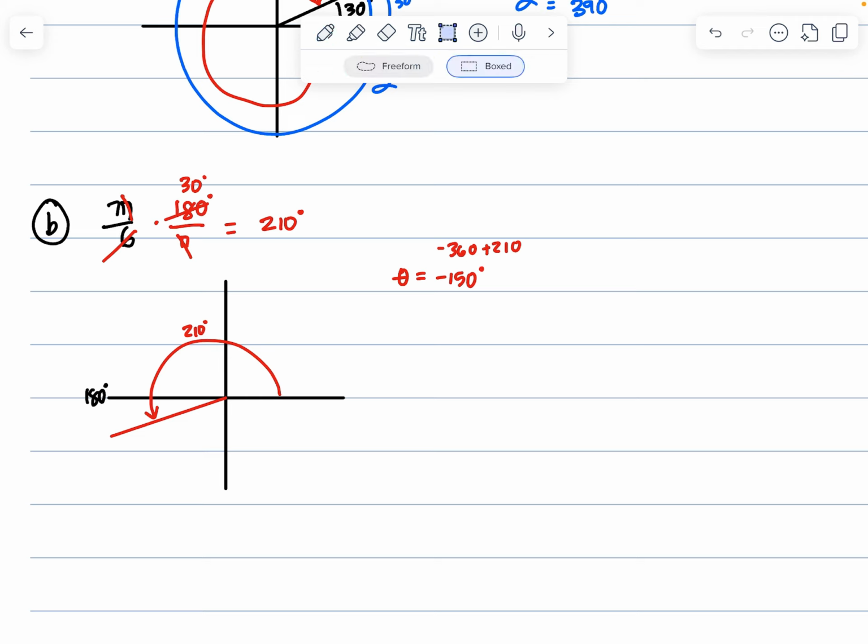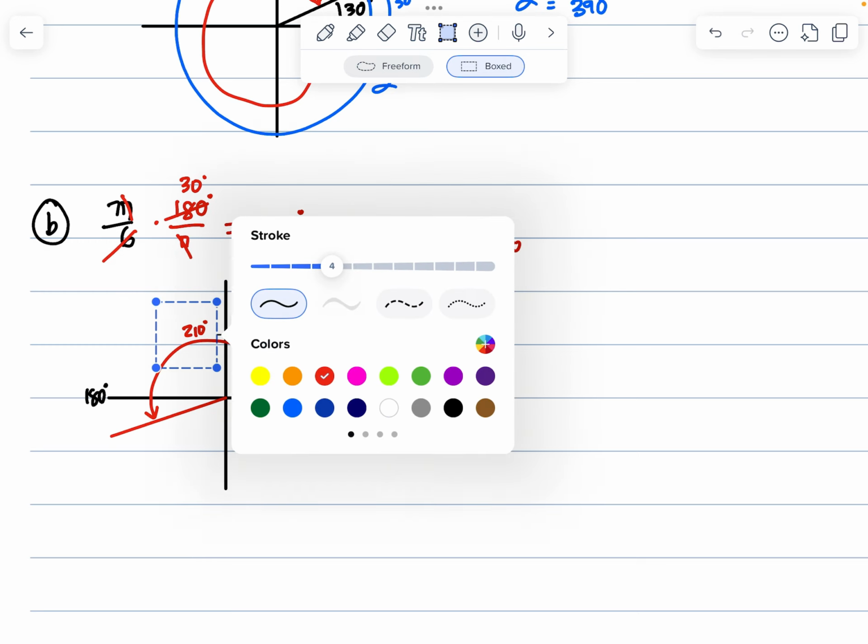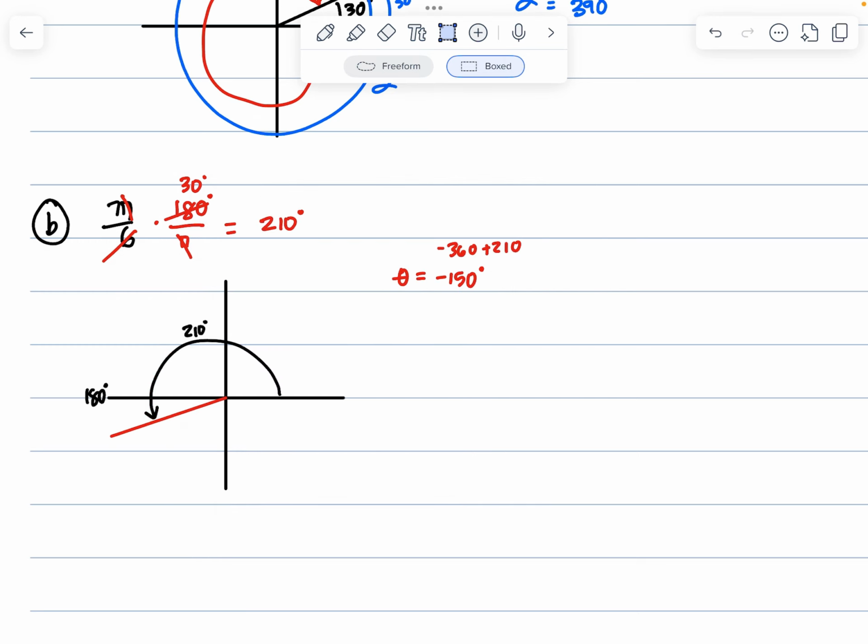And let's change the original to black. Okay. Now this angle that we're solving for, this is going to be our theta. Theta is negative 150 degrees, which does make sense because it is a little less than negative 180.